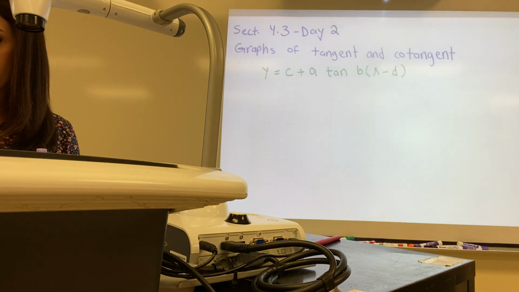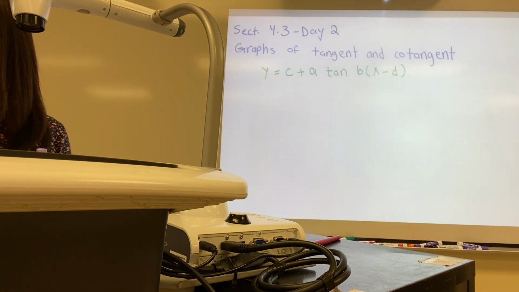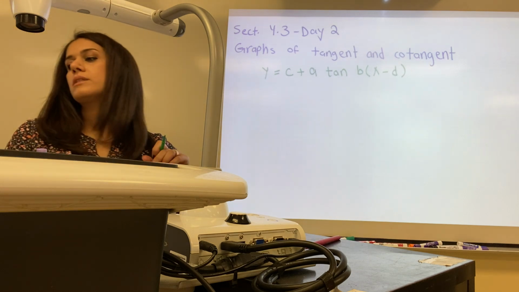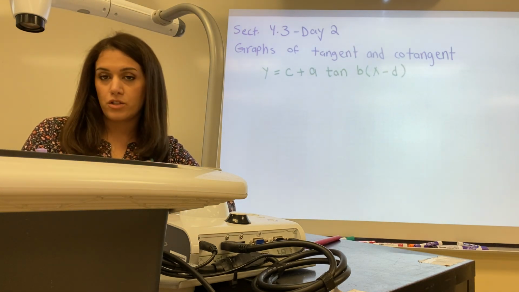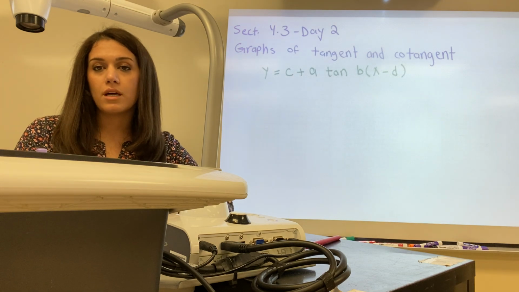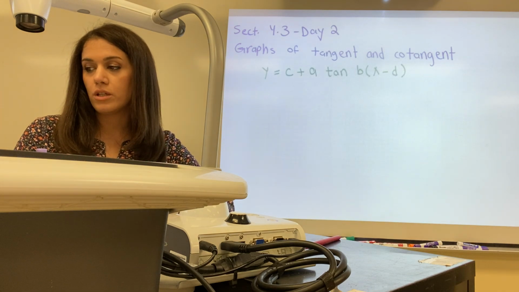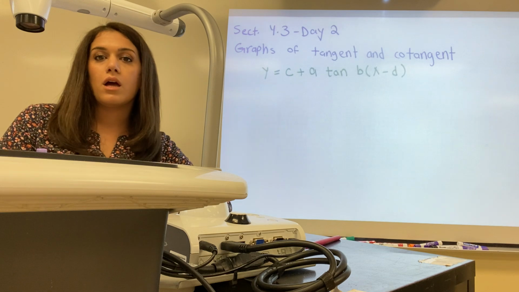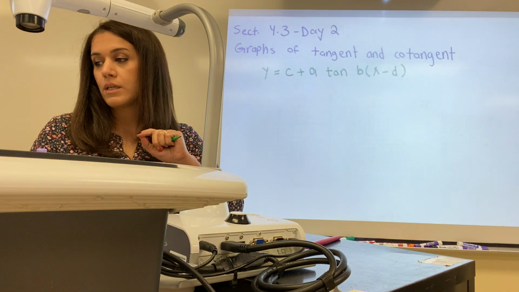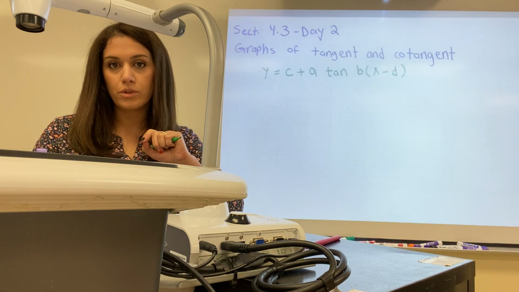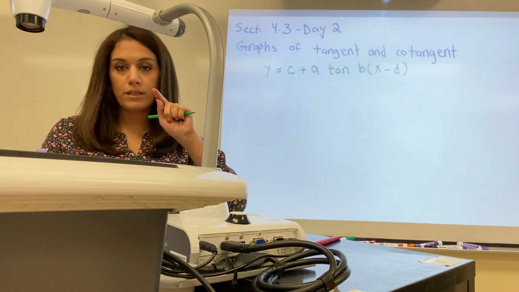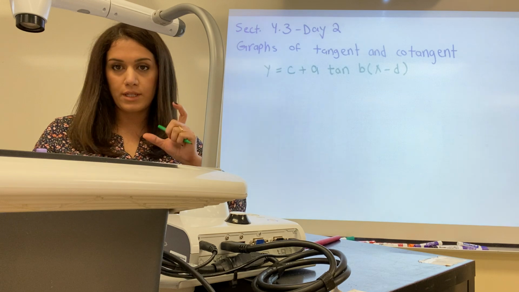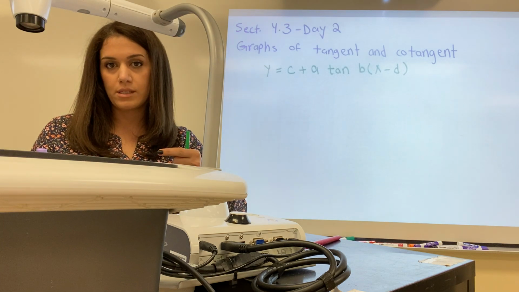And again, from the unit circle, looking closely at the values of x and y and the values of tangent, you will see that the tangent function will repeat itself. So the tangent will be from negative pi over 2, which is the same as 3 pi over 2, all the way to pi over 2. After that period, it will start repeating itself.